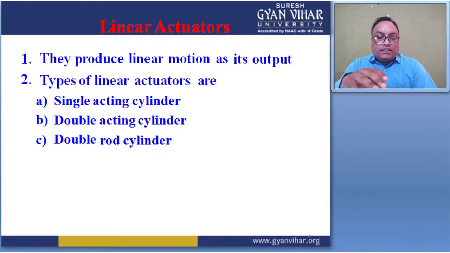In hydraulic systems, aircraft landing gears also use linear actuators. Linear actuators are used in different machine tools and industrial machinery, in valves and dampers, and in many places where linear motion is required.